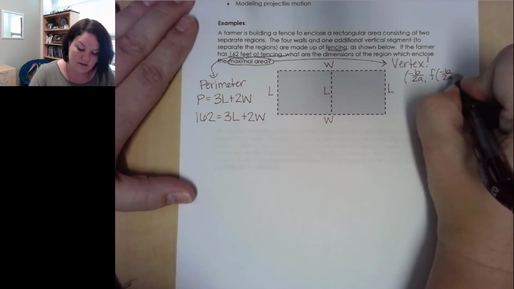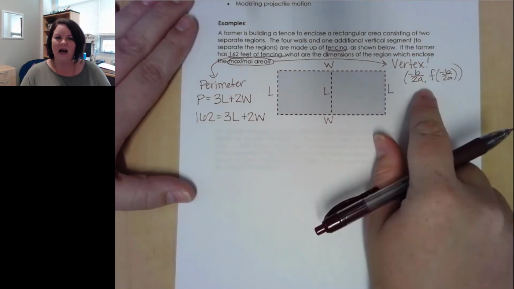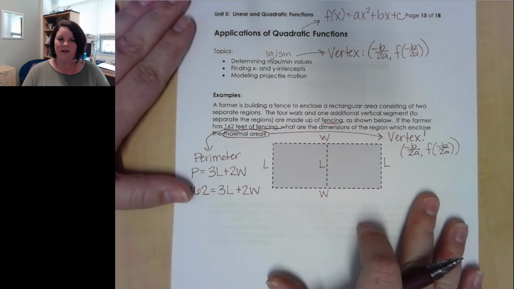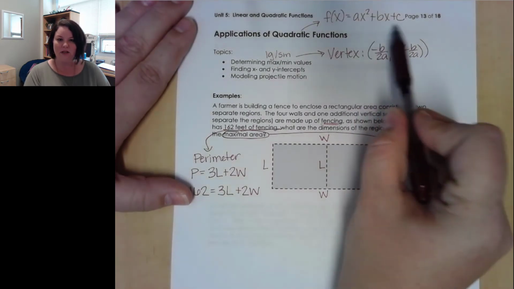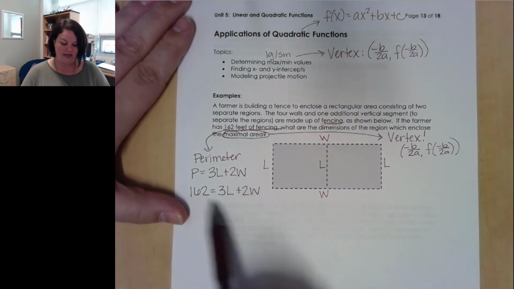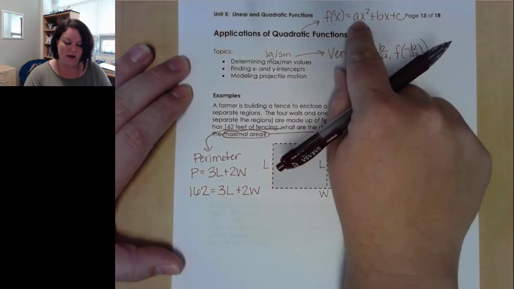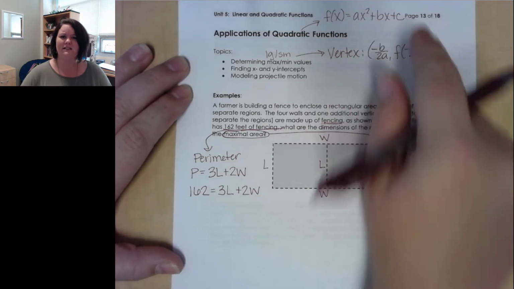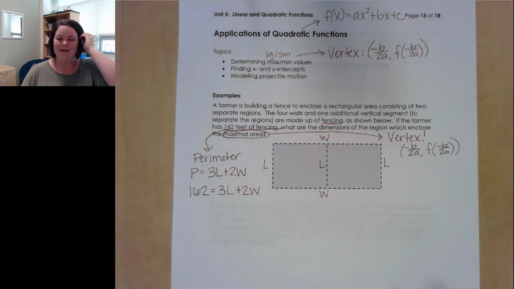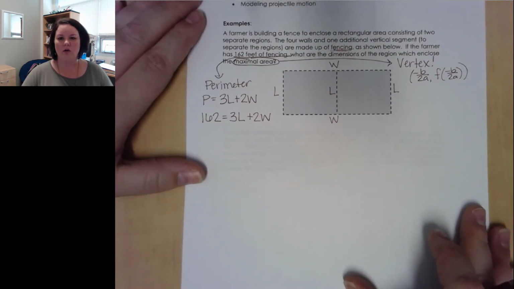So in order to calculate any type of vertex, I need to have a quadratic function. I need something that looks more like this. I can't do negative b over 2a when I just have l's and w's. That doesn't make any sense. I need something squared, a regular something, and a constant term to figure out what my a and b are. So I need to figure out another way that these letters are all related.